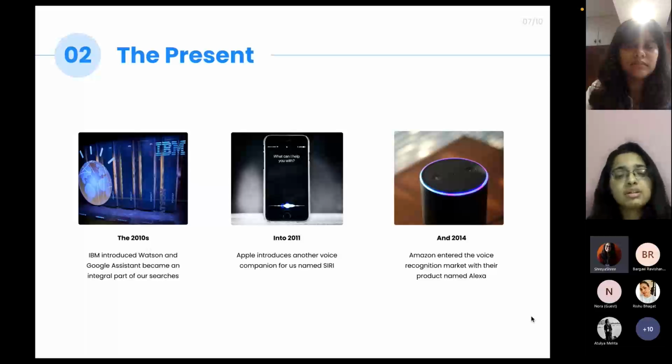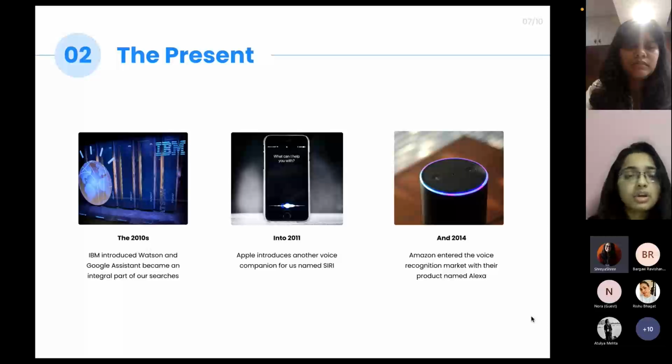So, like we can see here, during the 2010s, IBM came up with the system called Watson that they use as part of their platform. And we have Google Assistant that was introduced during the 2010s. I think most of us will be aware of Google Assistant and how it has been built and improved until now.